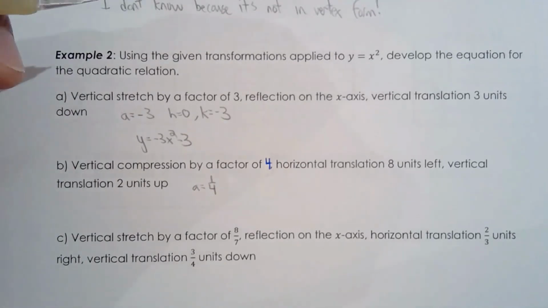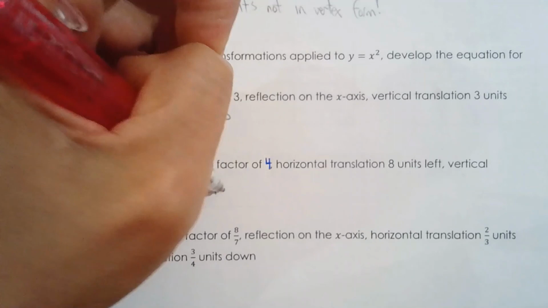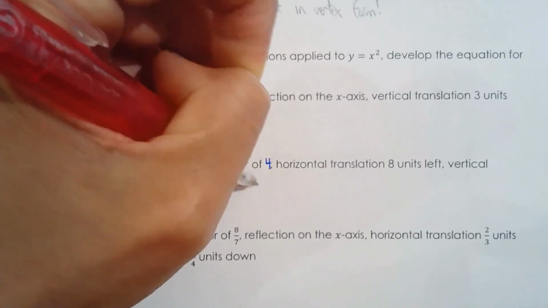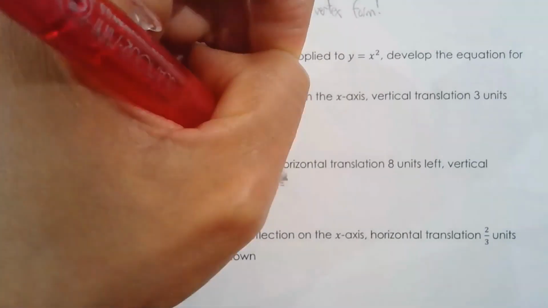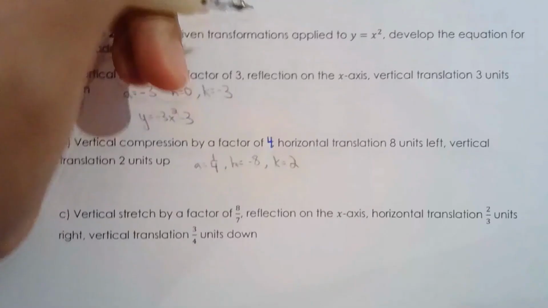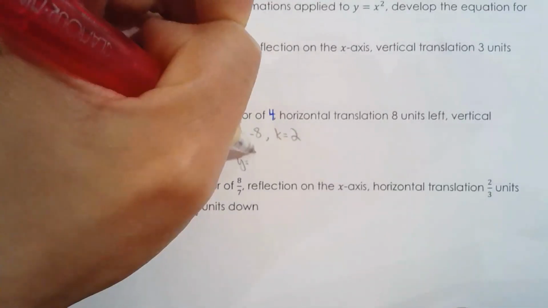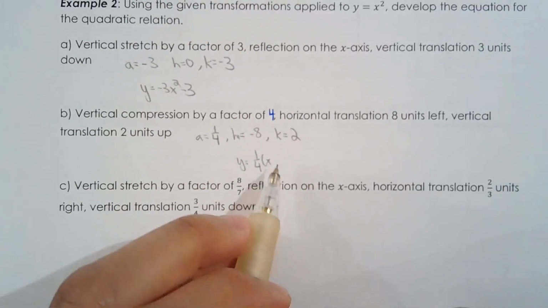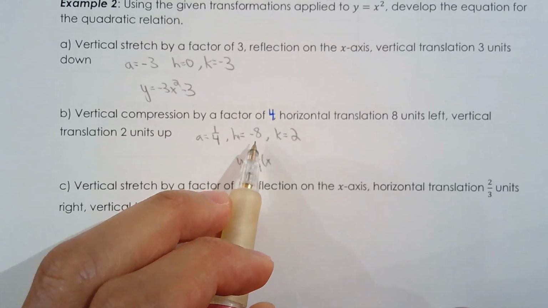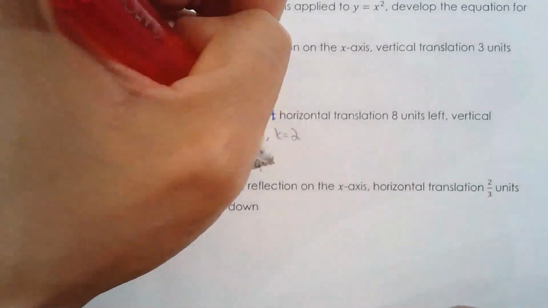Dividing by 4 is exactly the same as multiplying by a quarter. h is negative 8, okay, because I went 8 to the left. k is 2. Let's put this all together. 1/4 x. Now be careful, it's x minus h. So if it's negative 8, it's going to be x minus negative 8, which is plus 8.